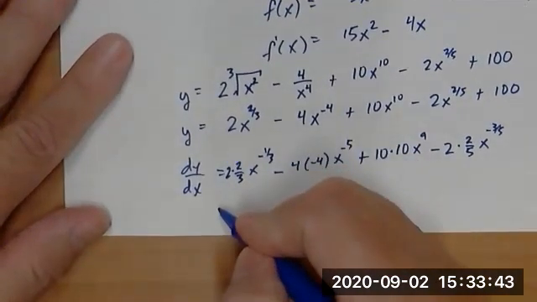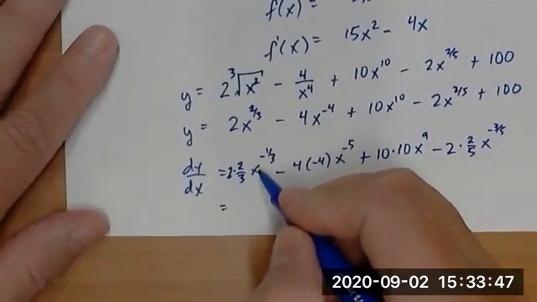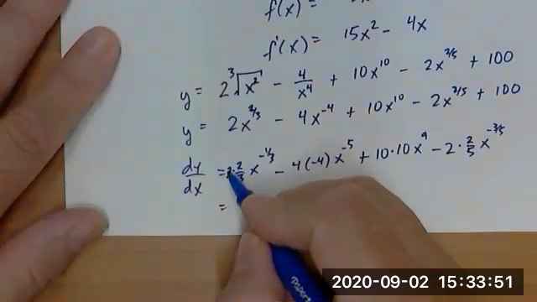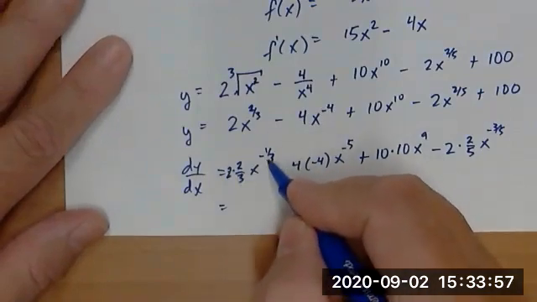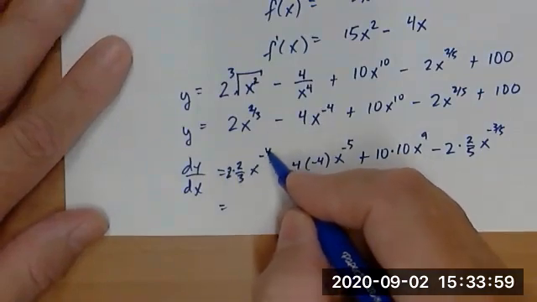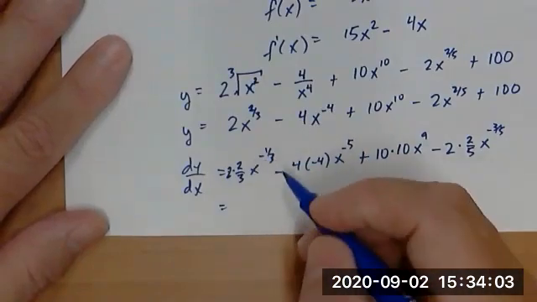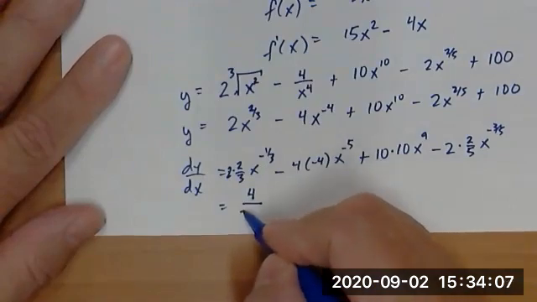So now if I try and clean this up a little bit, 2 times 2/3, hopefully you remember your algebra, right? You have a number times a fraction, you take the number times the numerator, 4 over 3. So this is 4/3, but I'm going to move this variable to the bottom, and I'll go ahead and convert it back to a radical.